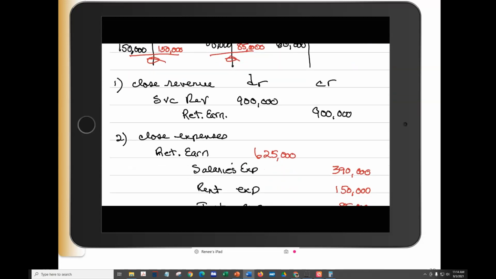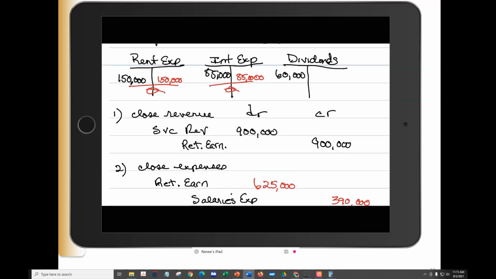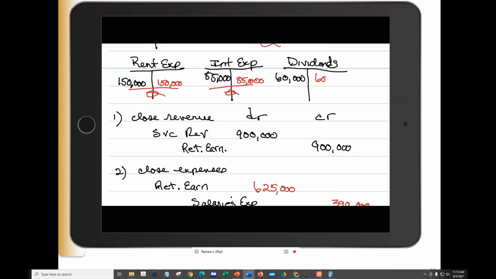How do I make it zero? Well, I'm going to have to credit it. And if I'm going to credit that, what am I going to debit? I'm going to debit retained earnings. And I'm going to credit dividends. That amount that I need to do to make this zero is $60,000.